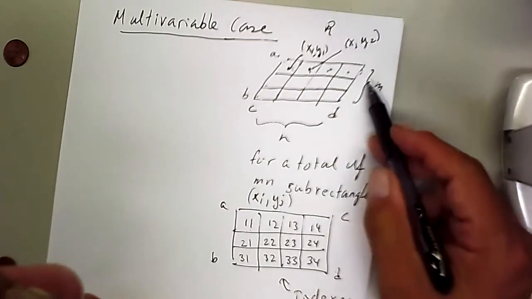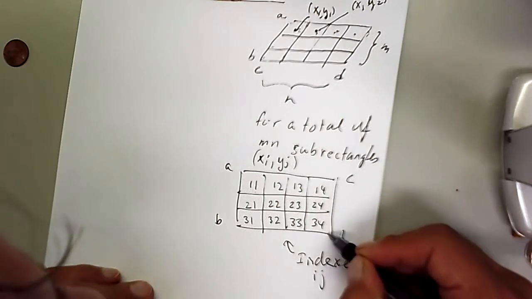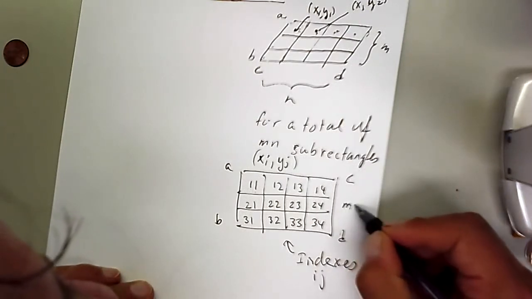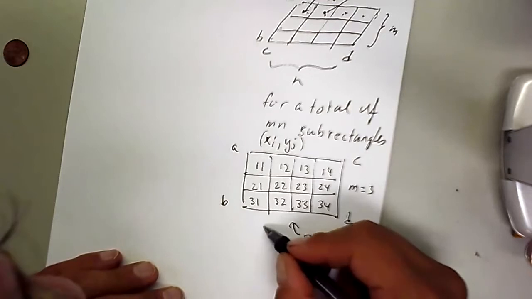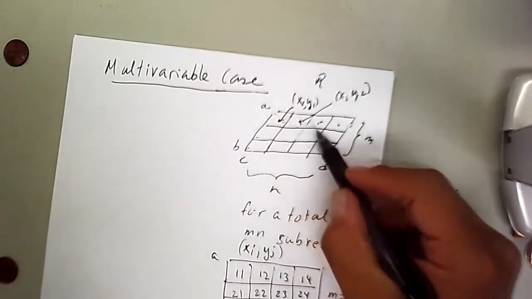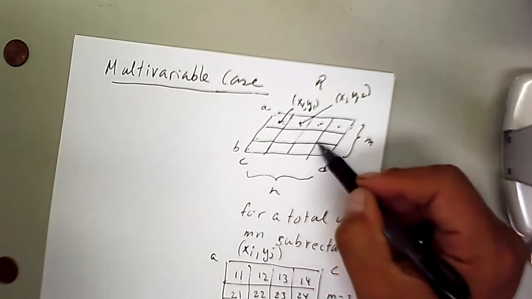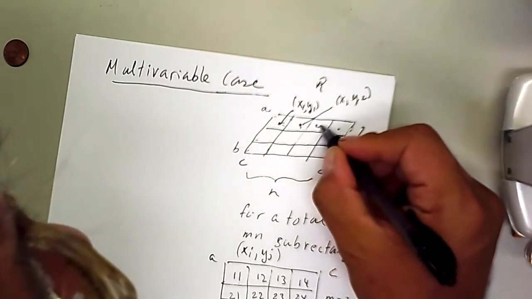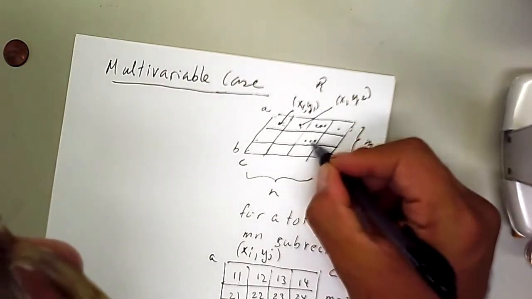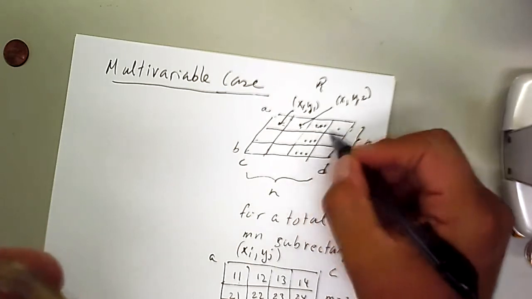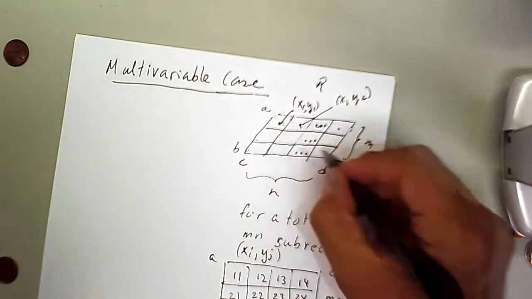In this case, M is 3 and N would be 4. This is more generic, we could have more rectangles one way and more rows the other way.